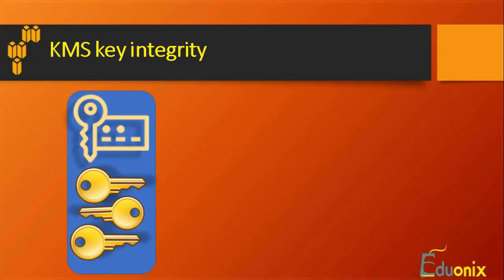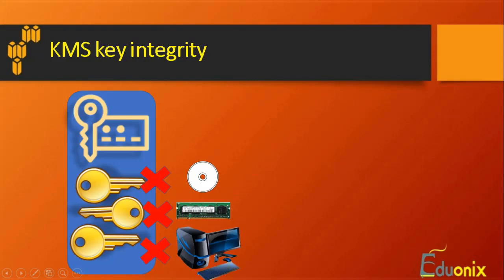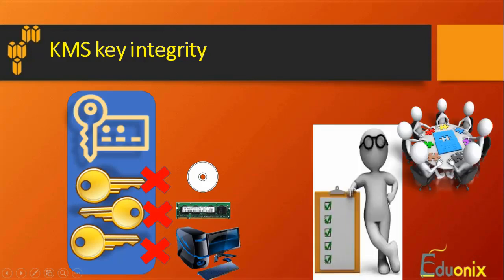Unlike other security concepts which store the data on different locations like disk, it doesn't store anything on disk, nor in your RAM, nor in your system. Everything is located in the Amazon console, managed by a different team at AWS, which ensures that your data integrity is maintained, and whatever data you have will be secured in certain locations.